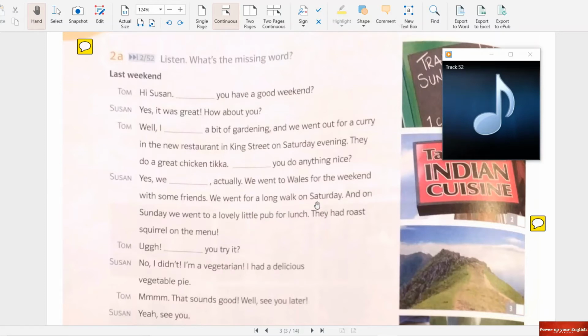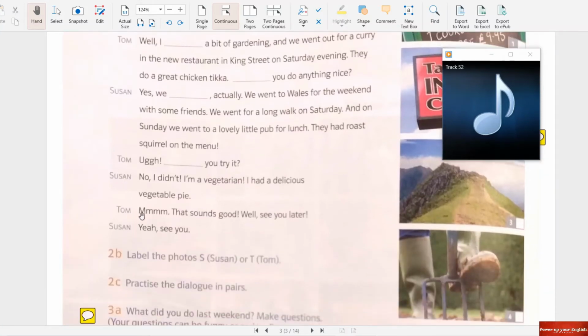We went for a long walk on Saturday, and on Sunday we went to a lovely little pub for lunch. They had roast squirrel on the menu. Did you try it? No, I didn't. I'm a vegetarian. I had a delicious vegetable pie. That sounds good. Well, see you later. Yeah, see you.